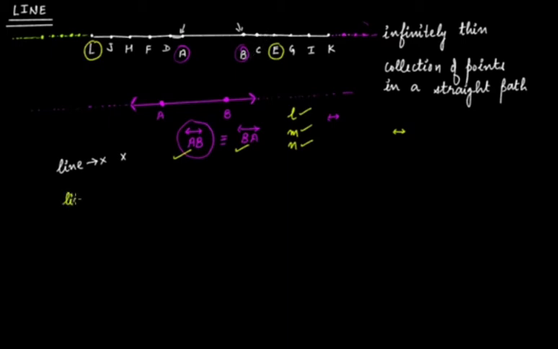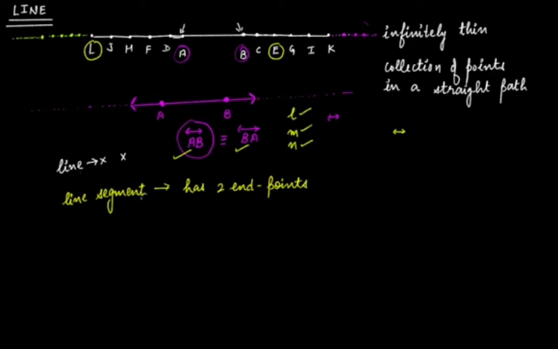A line segment has 2 endpoints, whereas a line has no endpoints.